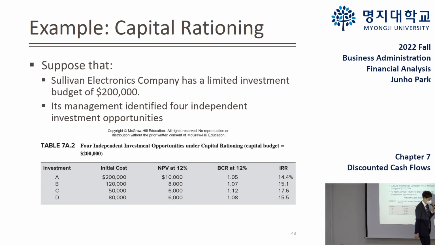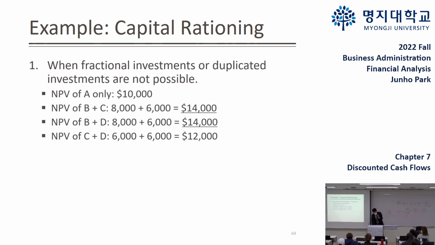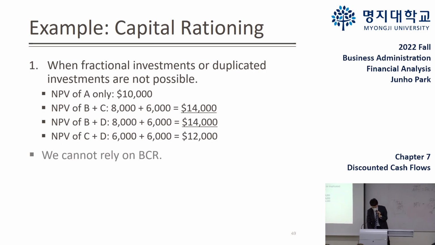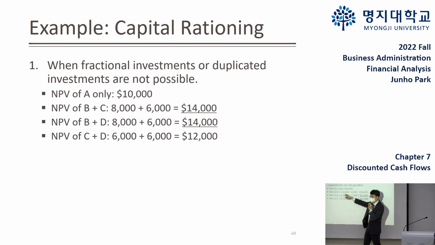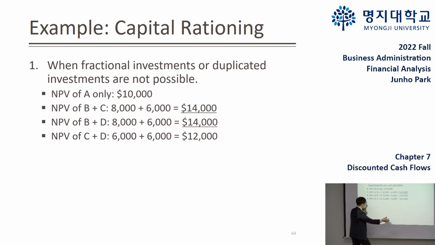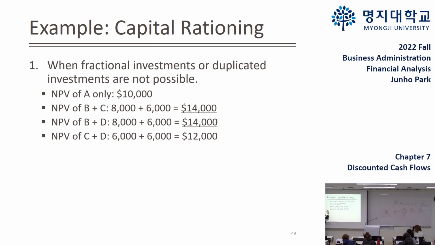Summarizing this, I have those sets of investment choices. I can choose A only, or I can have a combination of B and C, or a combination of B and D. Finally, I can choose C and D together. Because the net present value is the sum of the present values, we can calculate each combination's net present value by adding the NPVs, which are all positive.